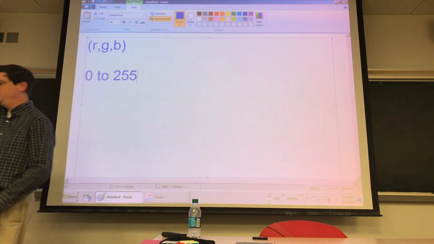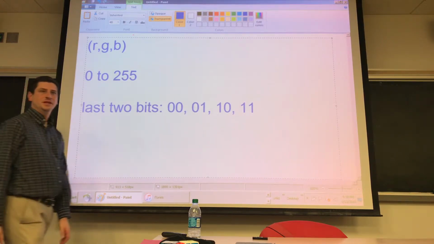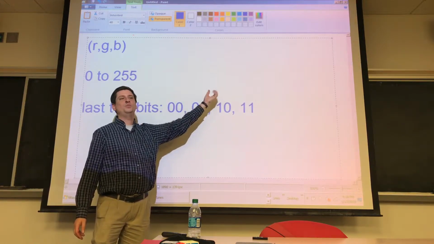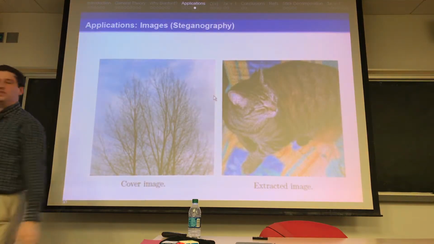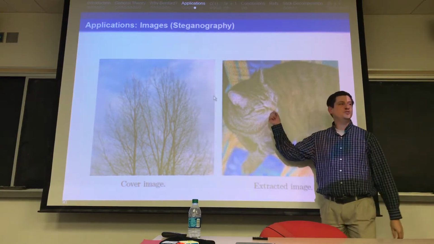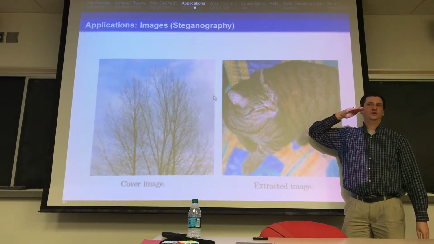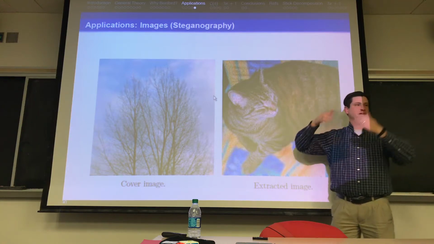So what you frequently can do is look at the last 2 bits, which will be 0, 0, 0, 1, 1, 0, and 1, 1. And let's say no matter what the last 2 bits are in your image, you will pull those out, and we'll take our cat, and we'll do the cat maybe in a very low res picture where the only values for the red, green, blue triples are 0 fourths, 1 fourth, 2 fourths, or 3 fourths, or something like that.